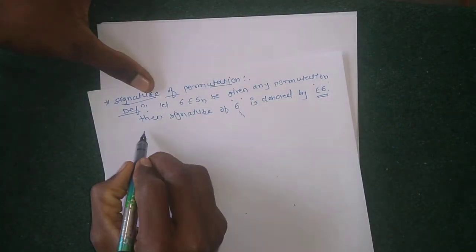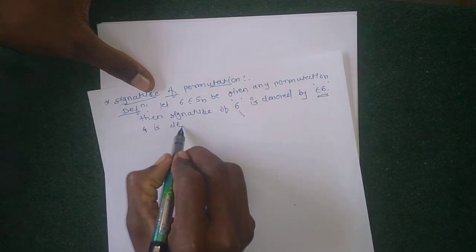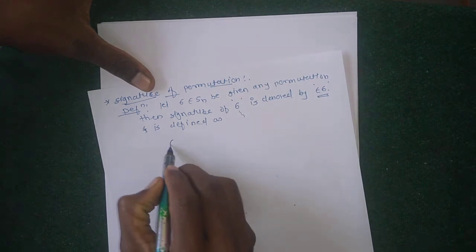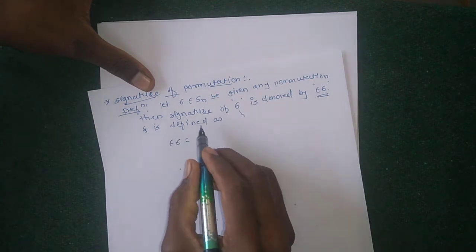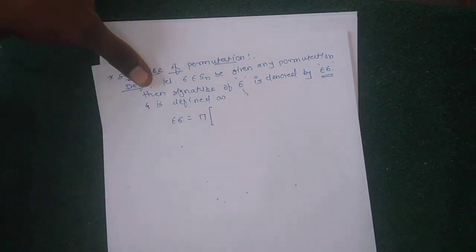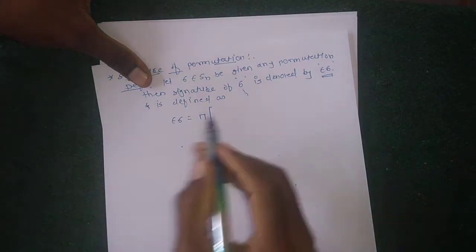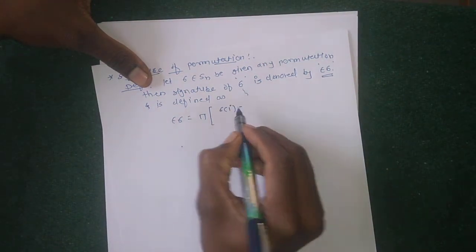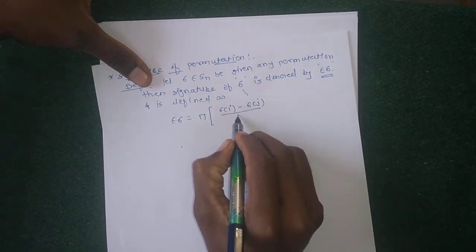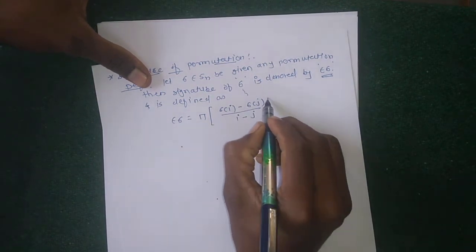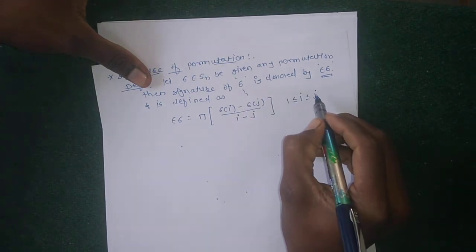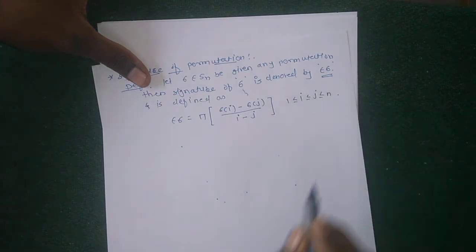It is defined as epsilon sigma equal to the product of, this is the symbol of product, sigma i minus sigma j divided by i minus j, where 1 is less than or equal to i, less than or equal to j, less than or equal to n.